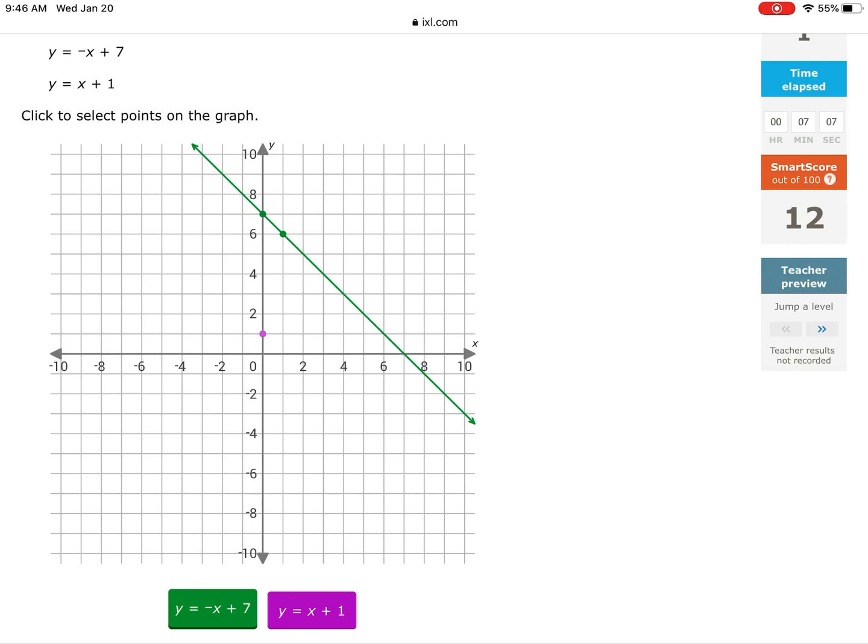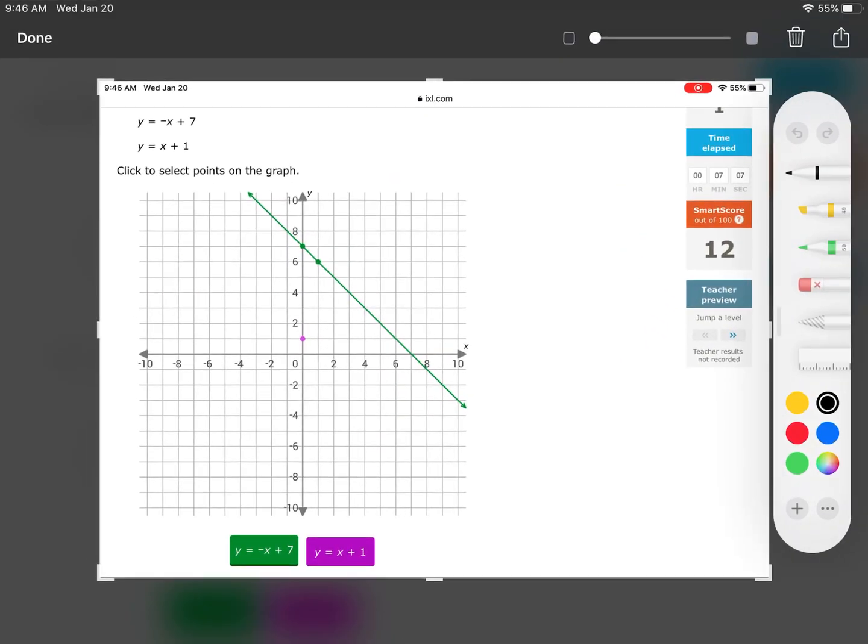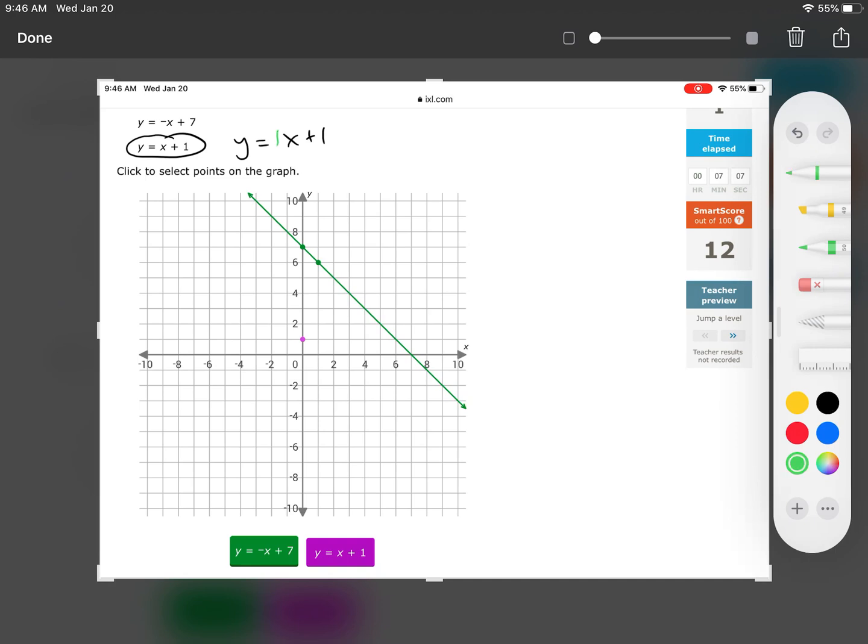And then technically there's no number, there's no coefficient, but technically there is, right? It's 1 over 1. So that slope is going to be up 1 and right 1 from this y-intercept here.